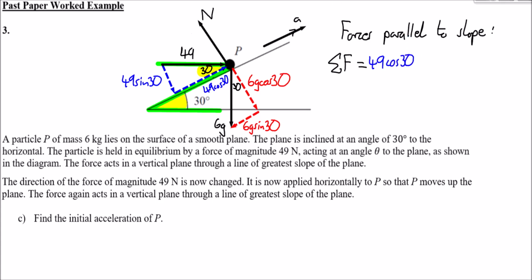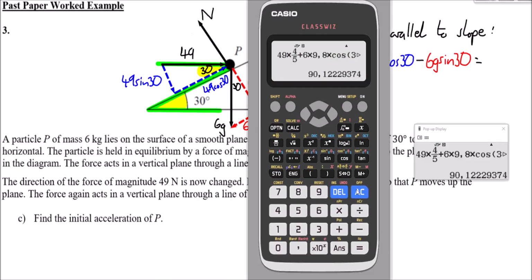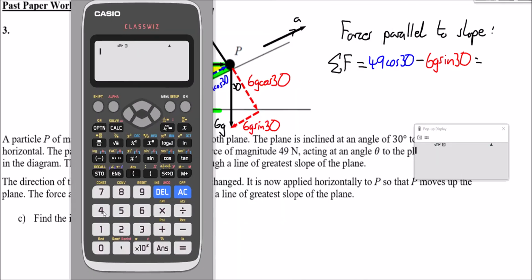And then we need to subtract forces acting down the slope, which is just 6g sine 30. So that's 49 cosine 30 minus 6 times 9.8 times sine 30. That gives us approximately 13.0, but let's leave it in exact form on the calculator.